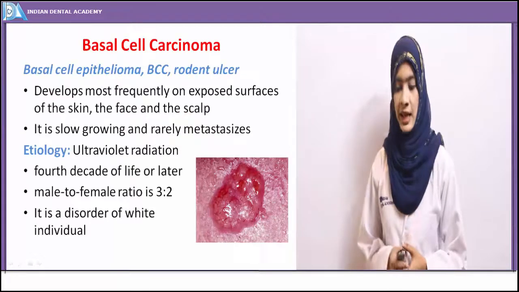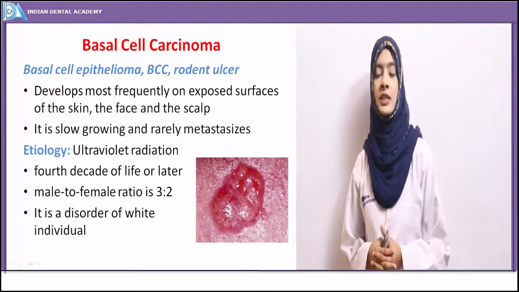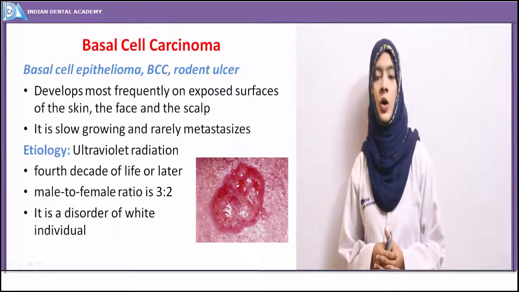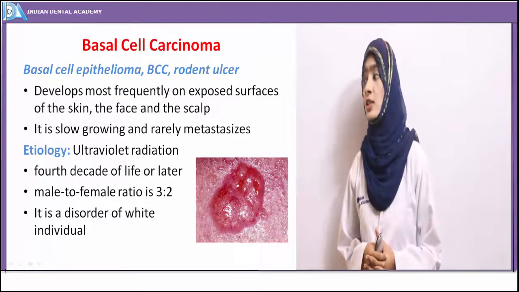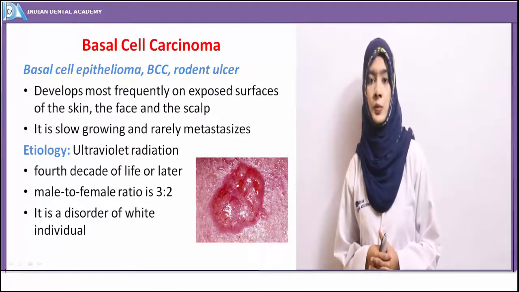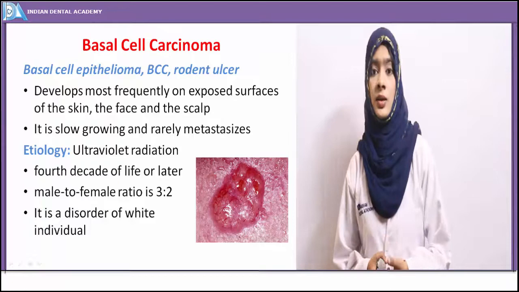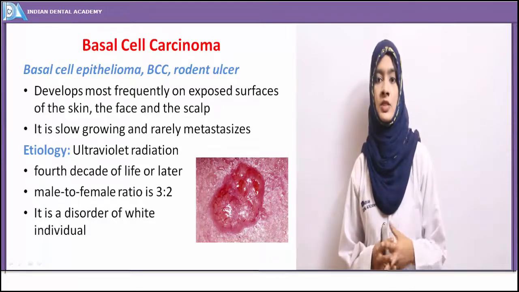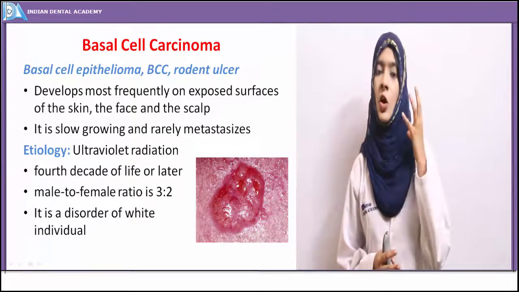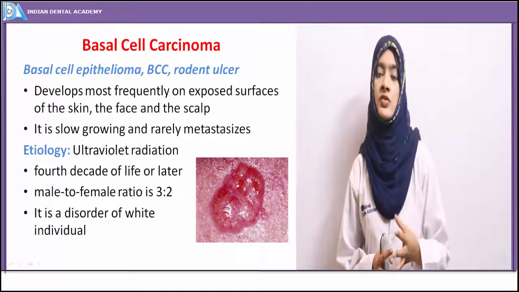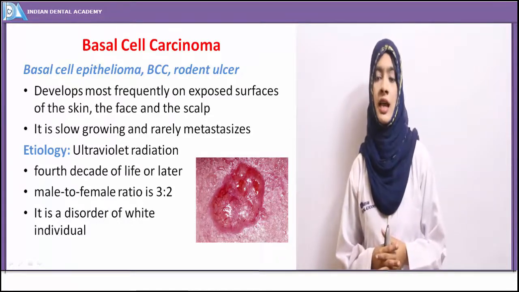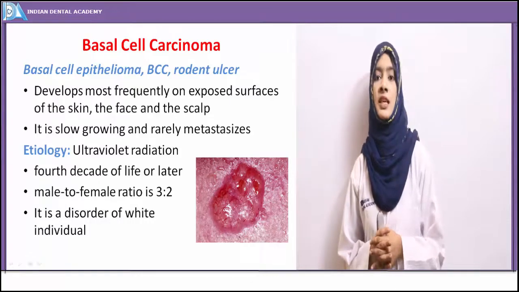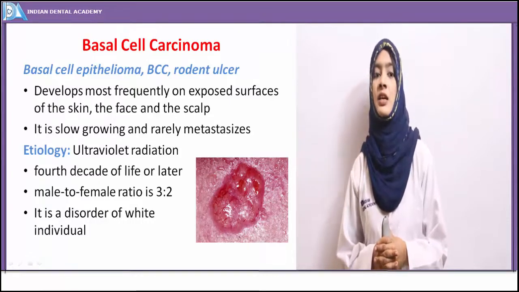Okay, basal cell carcinoma. It's also known by other names like basal cell epithelioma or rodent ulcer. It is the commonest of the malignant epithelial neoplasms. It is about the third most common neoplasm, which is characteristically seen on the skin. Sun exposed surfaces are more prone to develop this epithelial cancer.